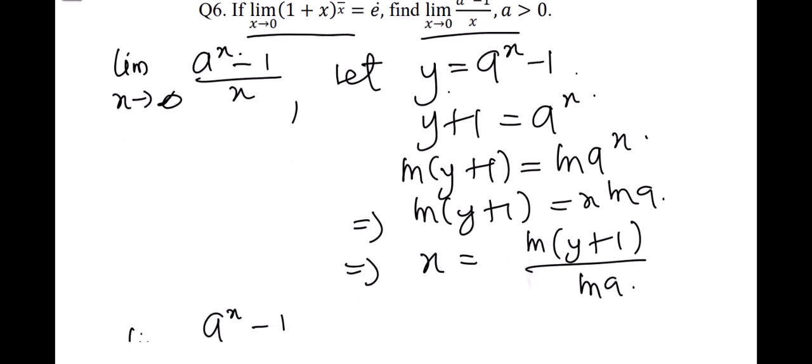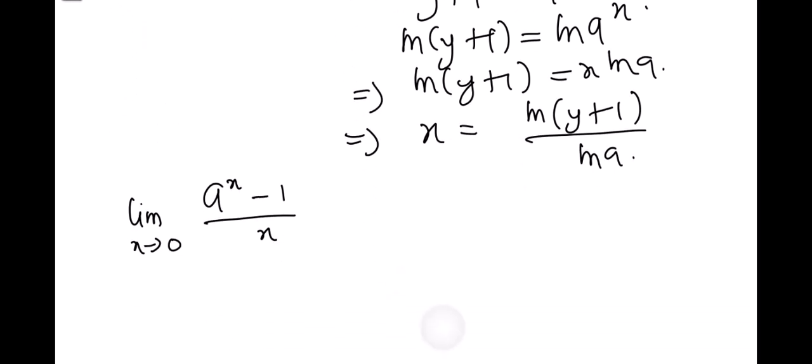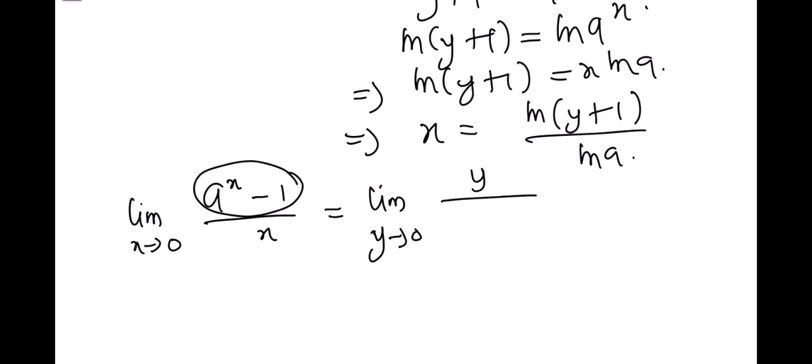Now let's come back and substitute the x. We said this one was y, so that will be the limit as y goes to 0 of y all over ln(y plus 1) all over ln a, like this.